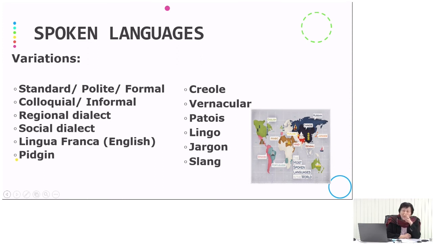Jargon means the one that you speak, but you have your own type of speaking. For example, the technical terms, the words used in a particular area, even though they mean the same thing as the native or standard one, but it's different.